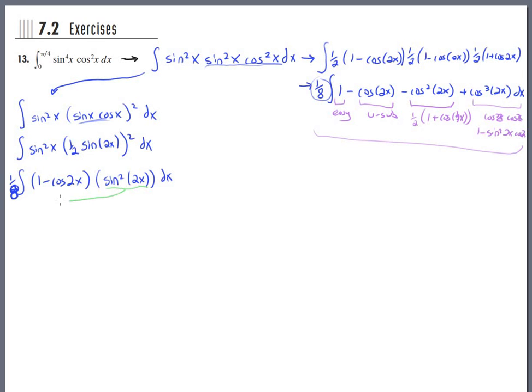I'm going to say multiply that by 1, and I'll also multiply that by cosine 2x. So I'll get 1/8 integral sine squared 2x minus cosine of 2x, sine squared of 2x dx.